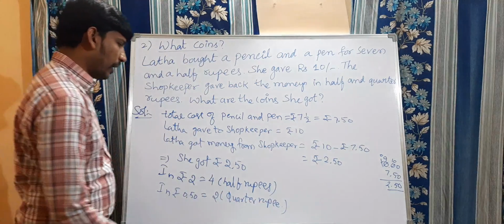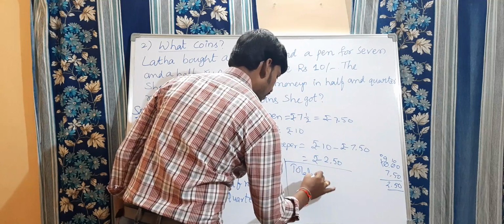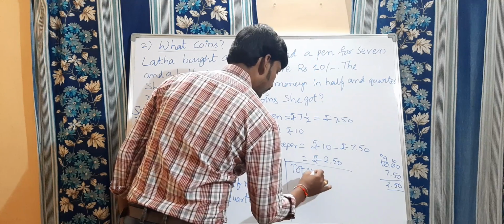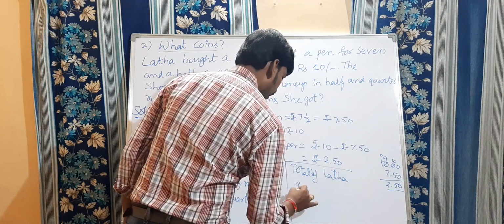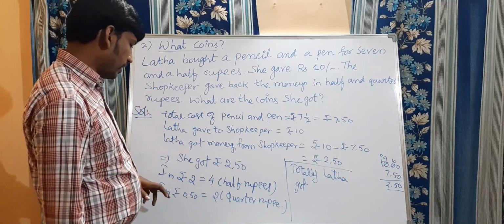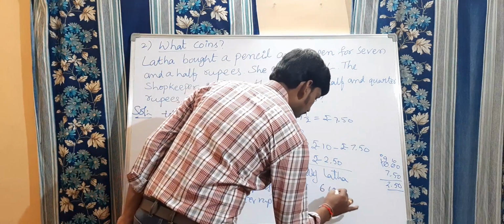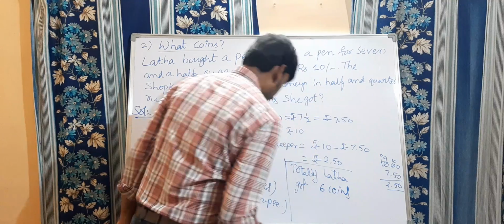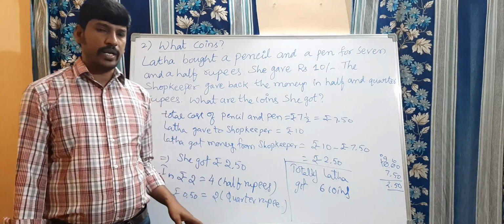So totally, how many coins did Lata get? What are the coins she got? That is 4 plus 2. Totally she got 6 coins, of which 4 are half rupee coins and 2 are quarter rupee coins.